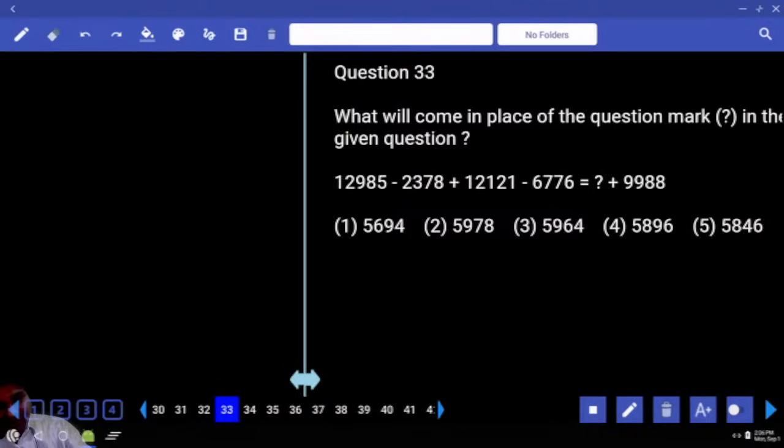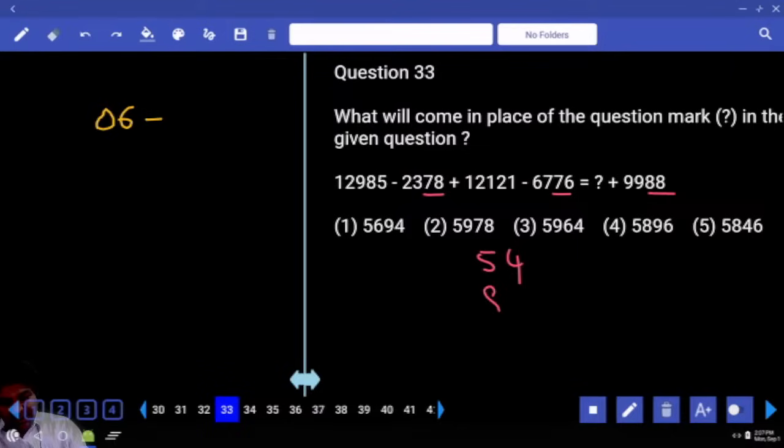Yes. First of all, 9988 comes to left hand side. Negative number. Let's consider only positive first. 85, 21. Last 2 digits. Correct? Minus 78, 76. 54.